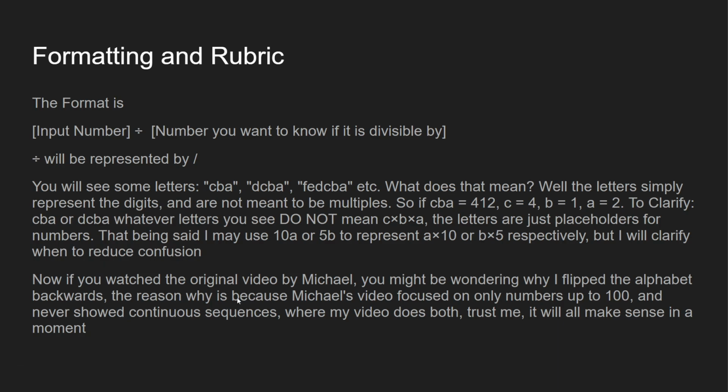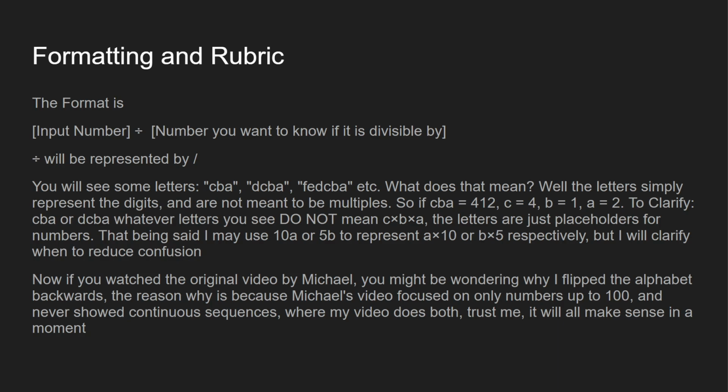And also, if you did happen to watch the original video, either because you didn't listen to me or you've already watched it, I am putting it backwards, right? I'm not doing ABC. I'm doing CBA. The reason why is because I'm going to be doing numbers that are larger than 100, and that leaves a really awkward situation where what do I do to represent larger numbers than that, right?